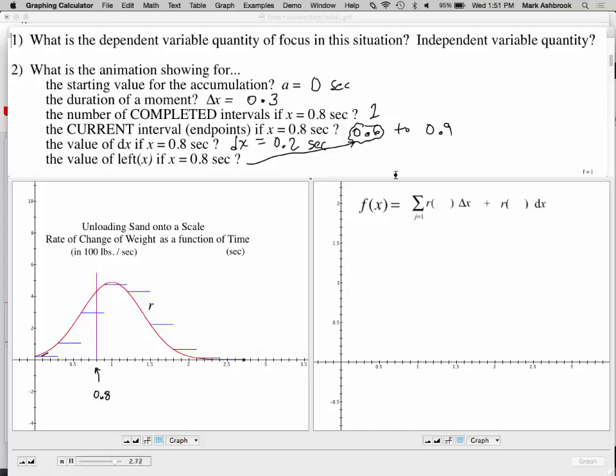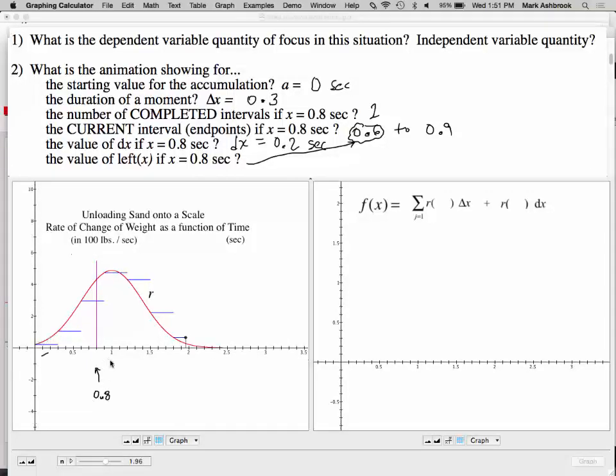Because you want to know if you are actually in the interval, or if you're starting a new interval. Not quite. So left x is 0.6.